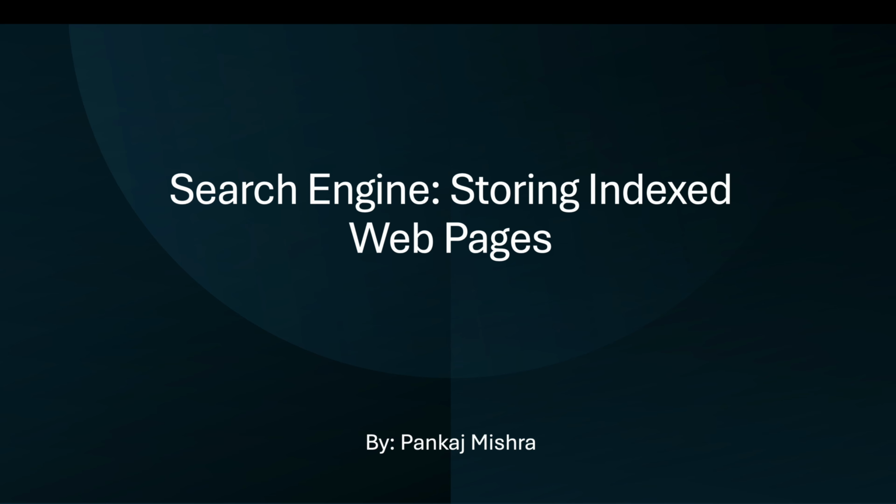Second, indexing: once they get the page, they analyze its content, metadata, and images, and when they find it meaningful, they store it in the index database, which is a single repository for all web content. And then comes ranking, step 3. When a user submits a query, the search engine algorithm assesses the indexed pages to determine their relevance to the search item.